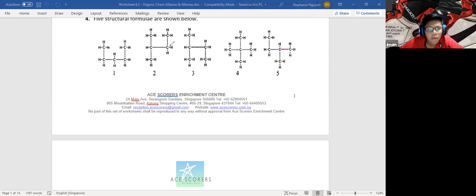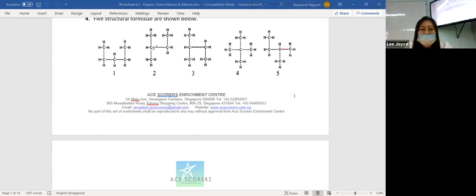The bond is like a number 4. So you turn it up, and you turn it back to 2. Got it? Then this one turns outwards. So 2, 3, 5 are the same, they are not isomers.